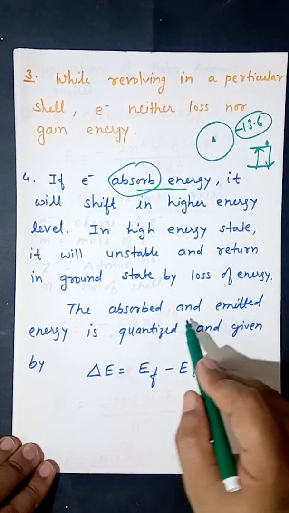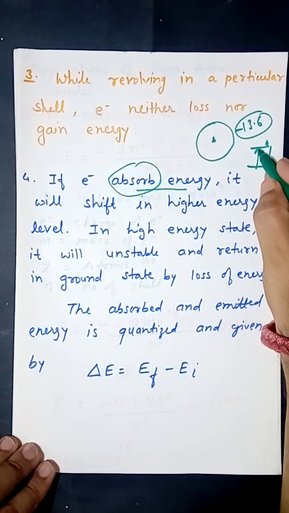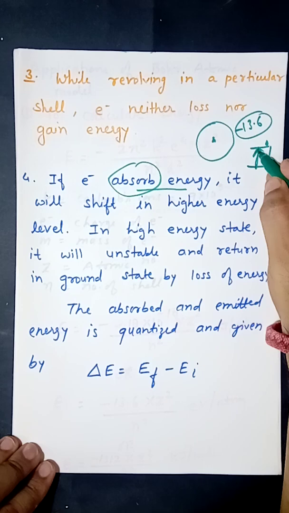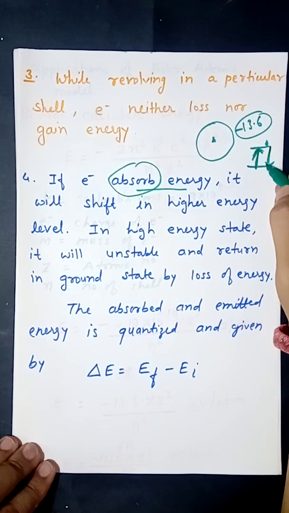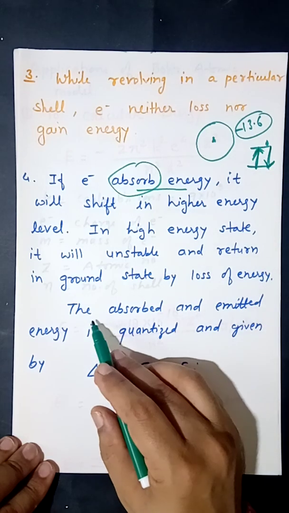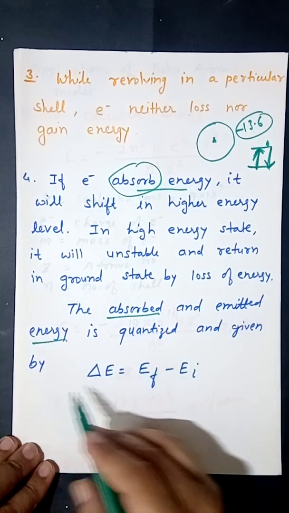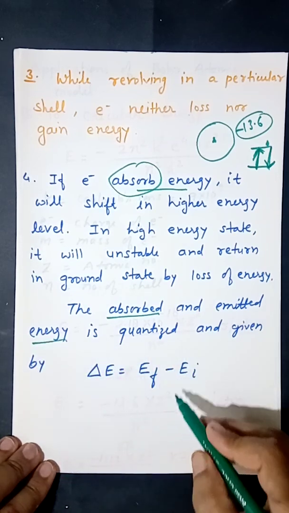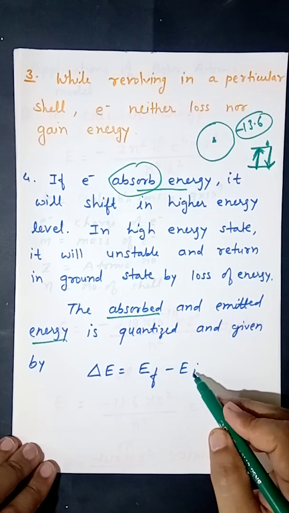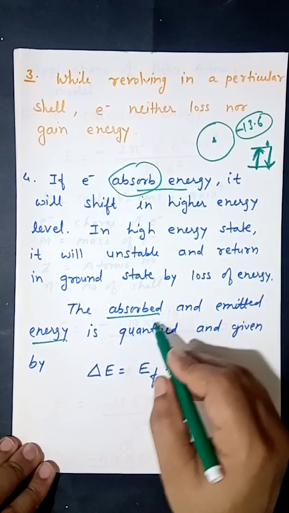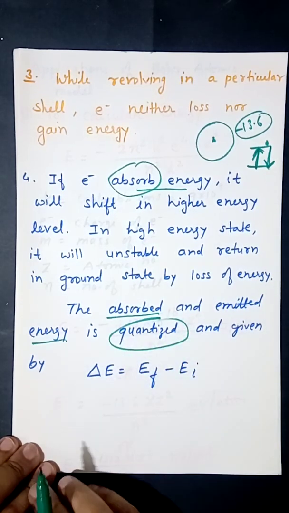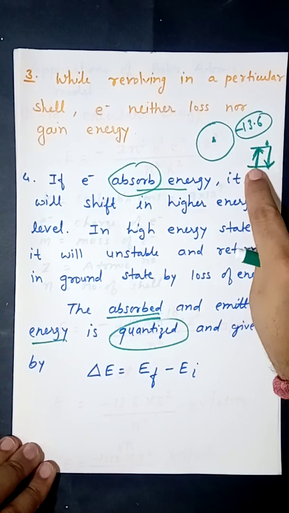When the electron moves in the upward direction, it absorbs energy. When the electron returns to the ground state, it releases energy. The absorbed and emitted energy is quantized and given by delta E equal to final energy minus initial energy. Quantized means they have a definite amount of energy, or the same amount of energy.